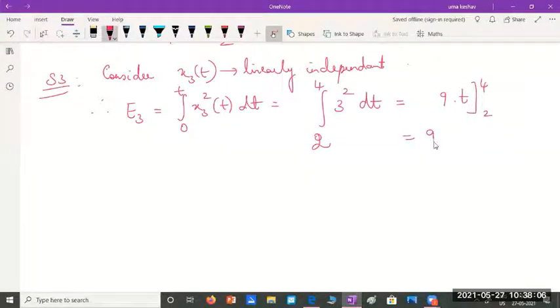Will I get the same value? Anybody has computed? Okay. So this will be 9 into 2, which will be 18 only. Correct. So the energy in signal X3 denoted as E3 is also 18.